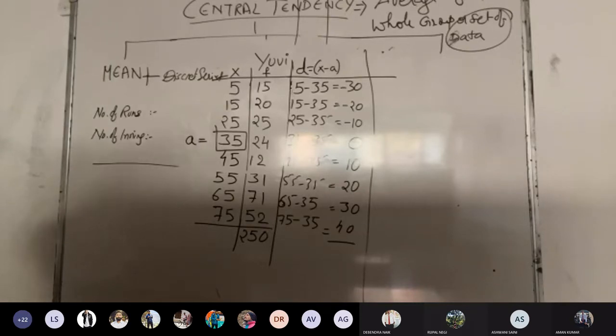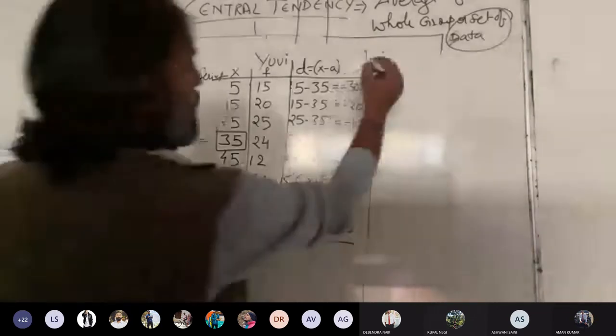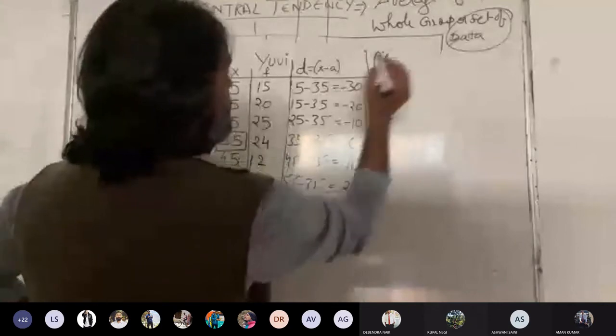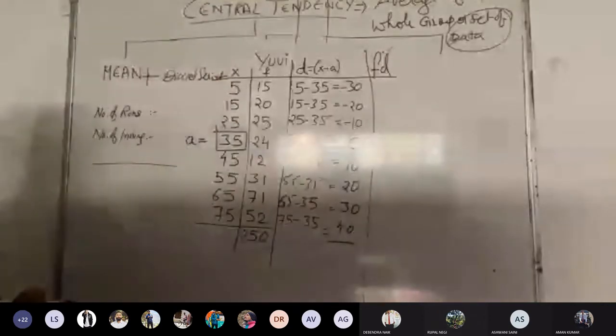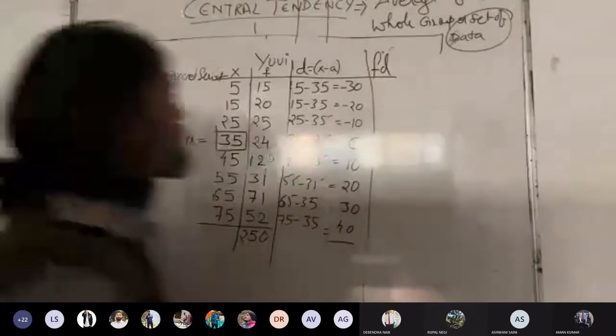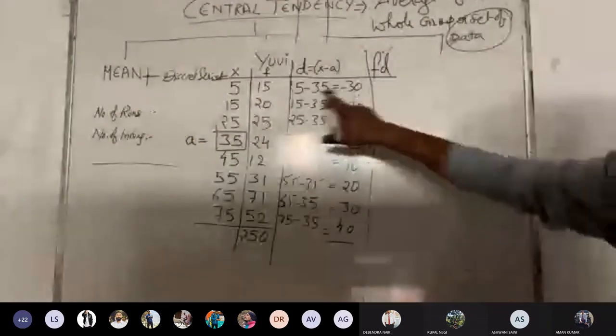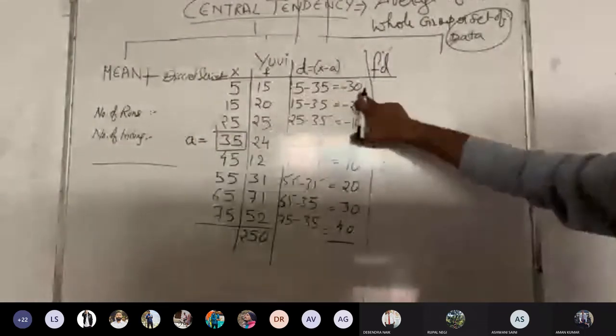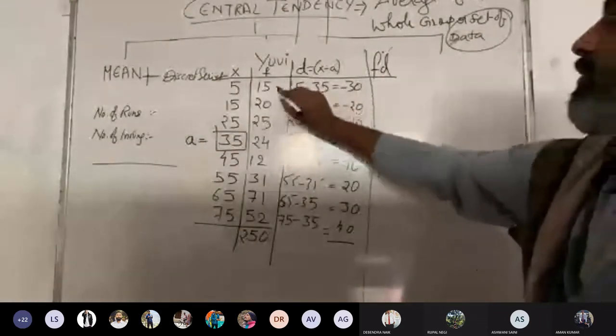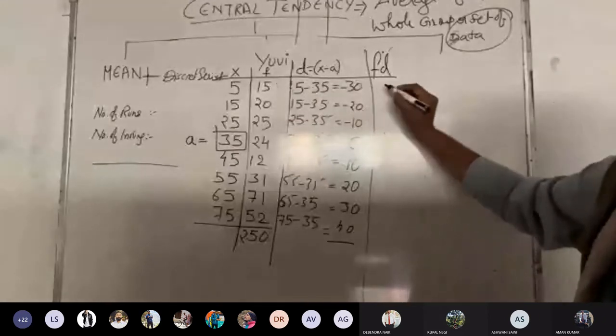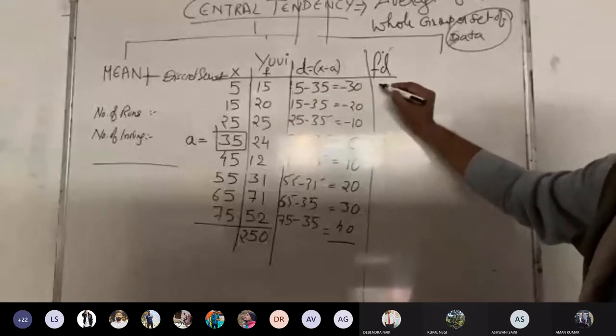What you're going to do is come up with the FD now. This is F and this is D. Can you multiply F and D?